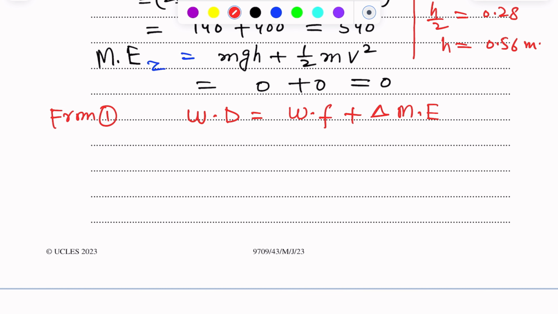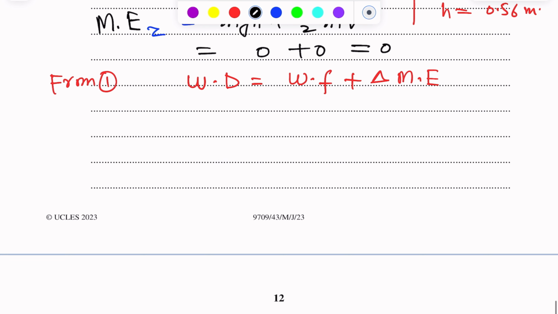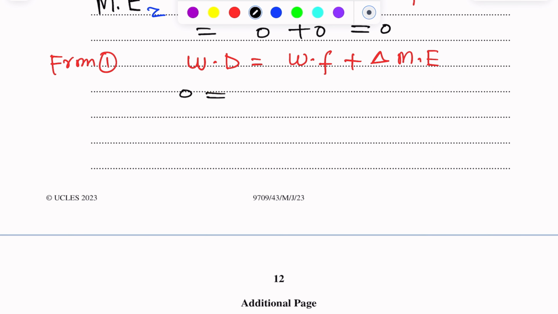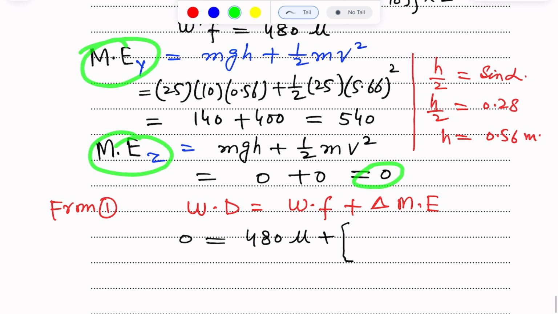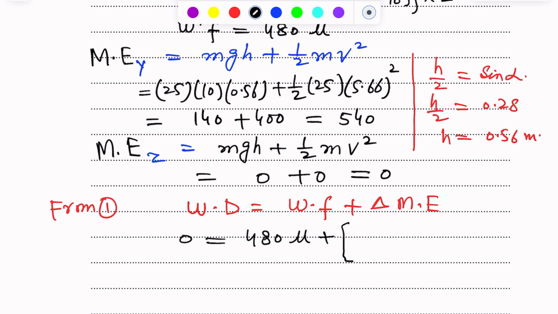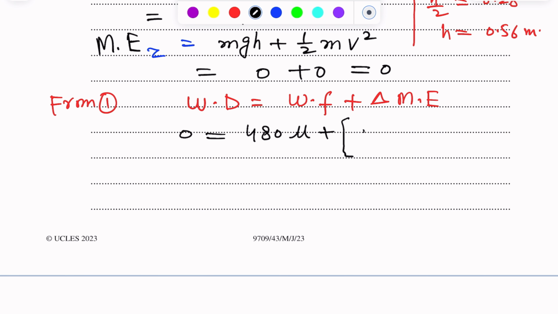Putting the values, the work done by the driving force is 0. Work against friction, we have found, is 480 mu, plus the change in mechanical energy, final mechanical energy at Z minus mechanical energy at Y. So we get 0 minus 540.